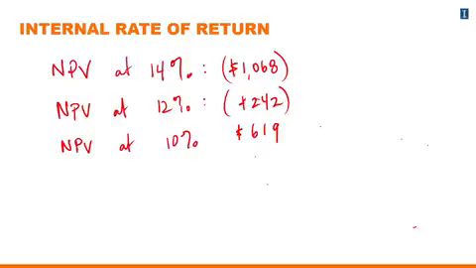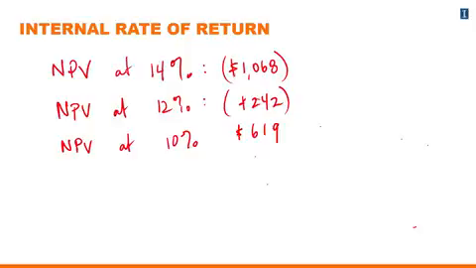What this means is that the internal rate of return, the discount rate at which the net present value is 0, is somewhere between 10 and 12%, because I know that somewhere between those discount rates, the net present value goes from negative amounts to positive amounts.